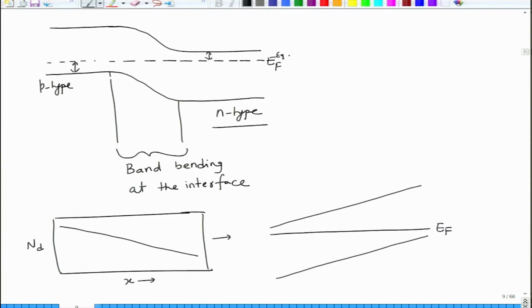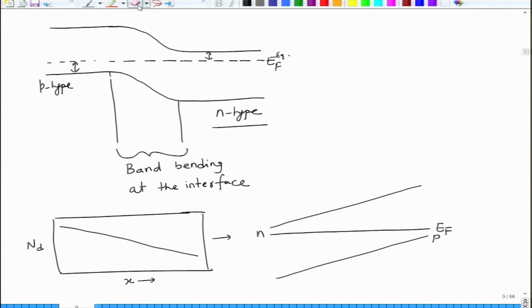It is exaggerated, but this is the way you will have band bending taking place in the material. Of course, I don't know if it's N or P. Here it looks as if you have gone from very N type to very P type, but this is how it will probably vary in a material. It may not be to this extent.